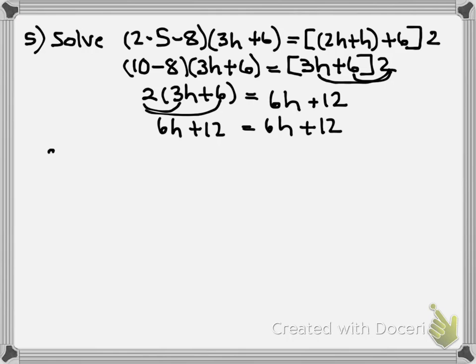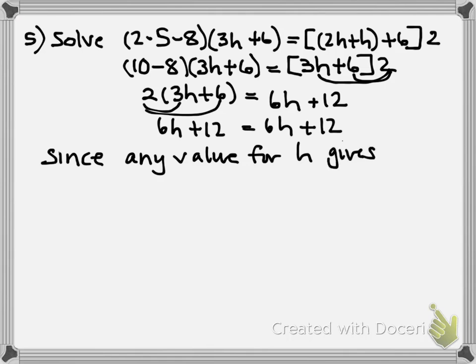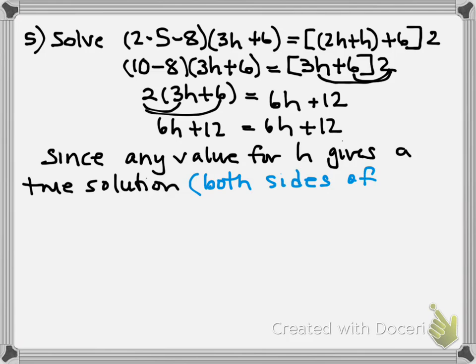Exactly. So I'm going to write a little statement here. Since any value for h gives a true solution, and I'm going to put in parentheses, both sides of the equation are identical.